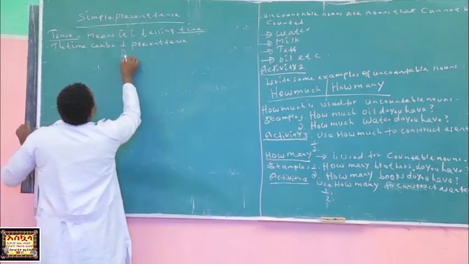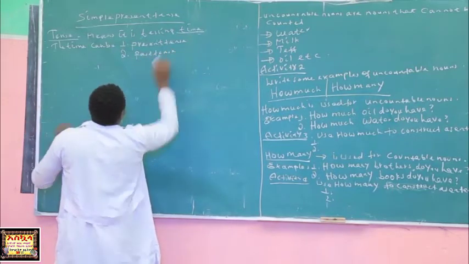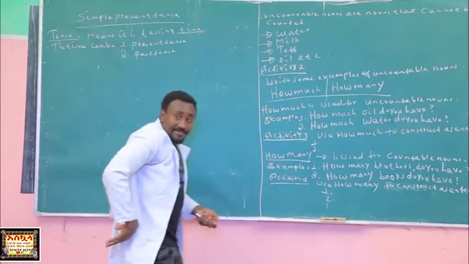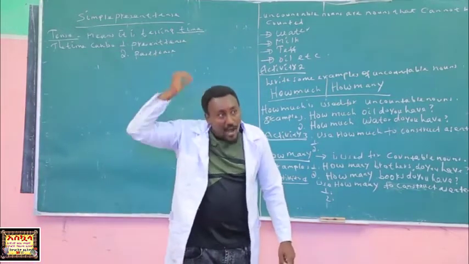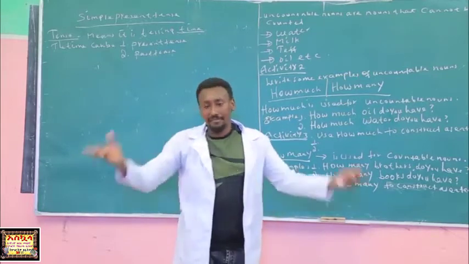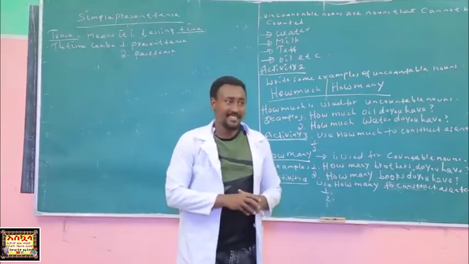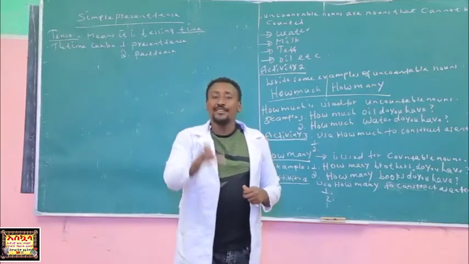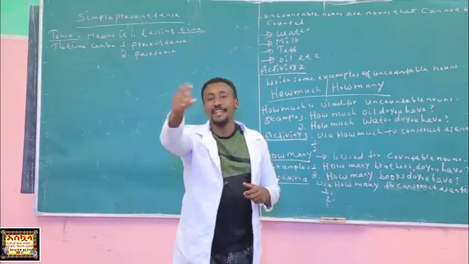The second, past tense. When you say past tense, we are dealing with an action that we did before. For example, now you are a grade 3 student. This is present. You are learning in grade 3 this year.